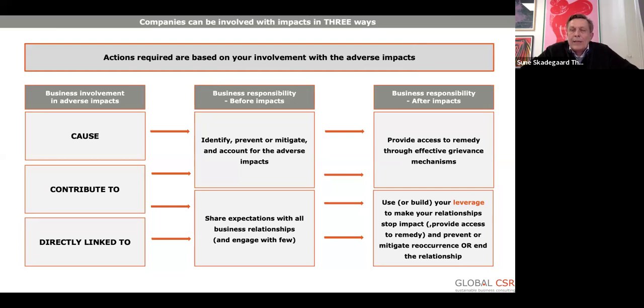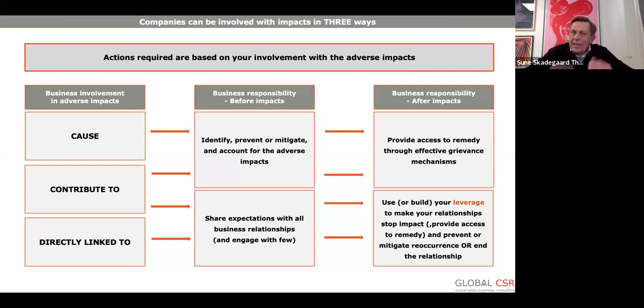So when we are contributing to adverse impacts, you will see that two responsibilities flow from that. One is that we have to identify, prevent, mitigate and account for the adverse impacts, the part that we are contributing with. But we still have to also consider that there's another business relationship that is also contributing.